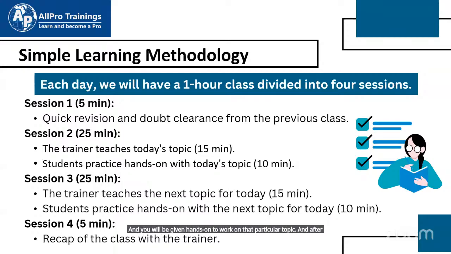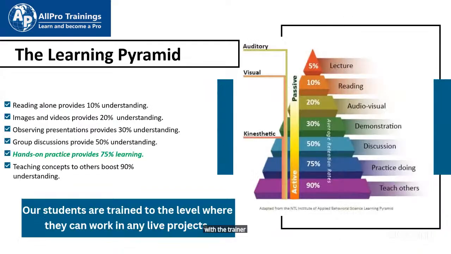After 25 minutes, a new topic will be taken and there will be a practice session. Our batches are small, so you can share the screen, show your hands-on to the trainer and get it corrected in the same session. The last 5 minutes will be for the recap of the class with the trainer, where you can clarify all your doubts. And this is the learning pyramid that we follow.